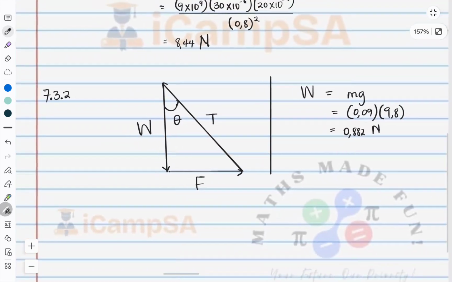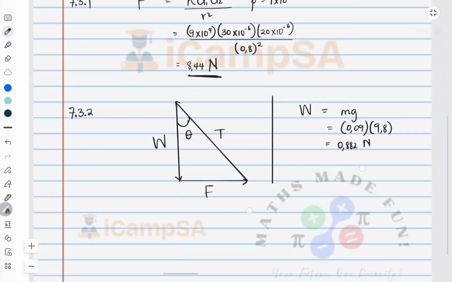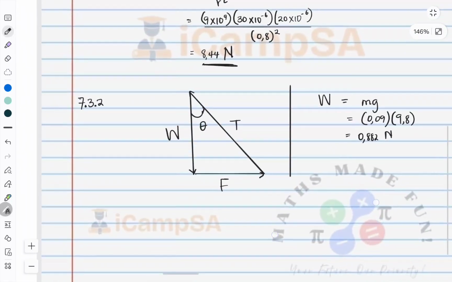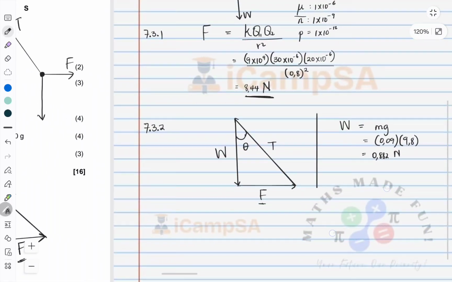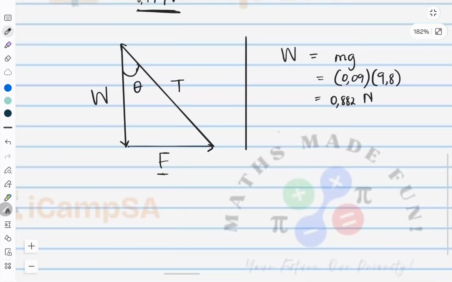I leave it there. Now, I have my force, which is F, this F. So I can use Pythagoras theorem. I can say therefore T squared is equal to F squared plus W squared.